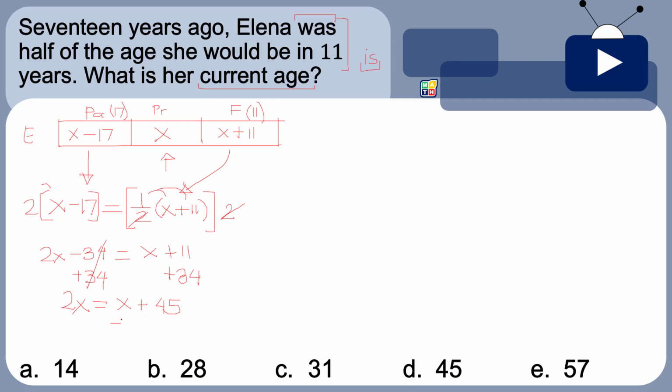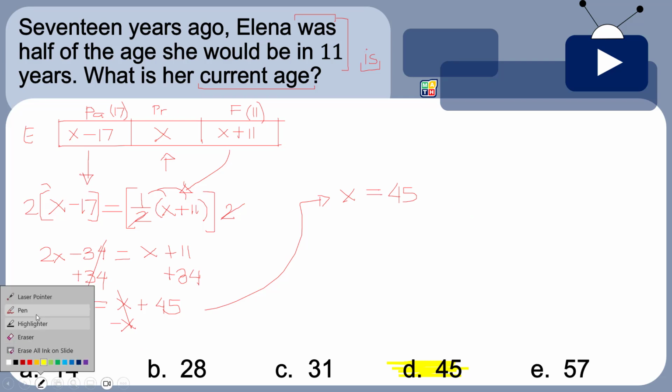Then you subtract x here and here so that the right-hand side has only a constant left. 2x minus x is x, equal to 0 now, 45. This is the current age of Elena. So that's the correct answer for this item: 45. This is the correct answer, the present age, because that is what is asked.